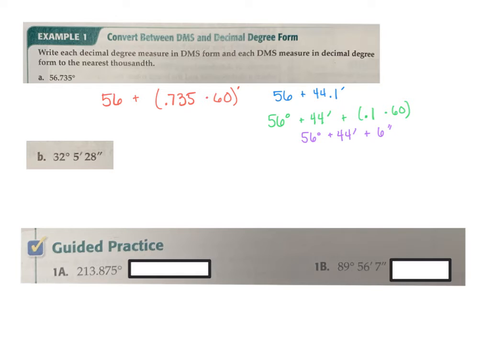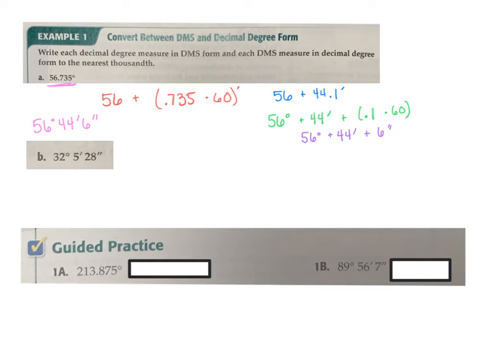And you'll notice it has 2 dashes. And so the way you would write this out, you would say that 56.735 degrees can be written as 56 degrees, 44 minutes, 6 seconds. And that is a very specific measurement.